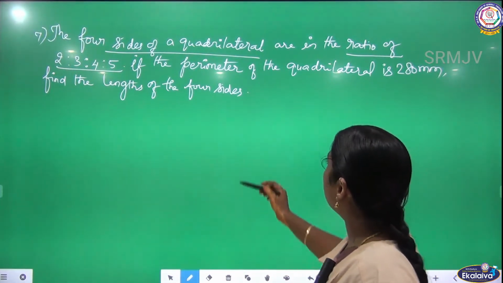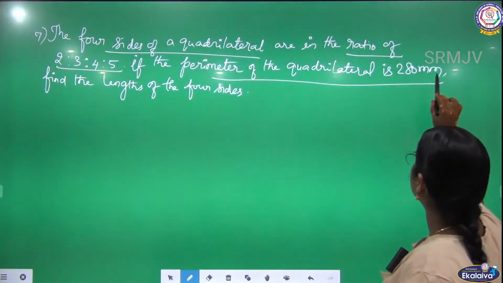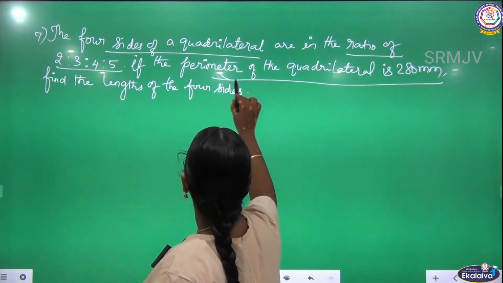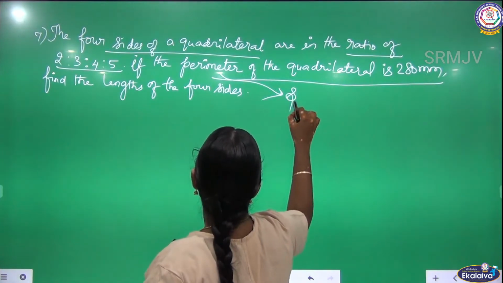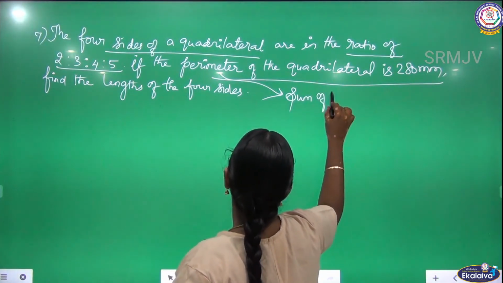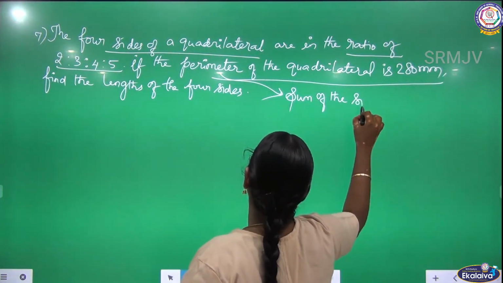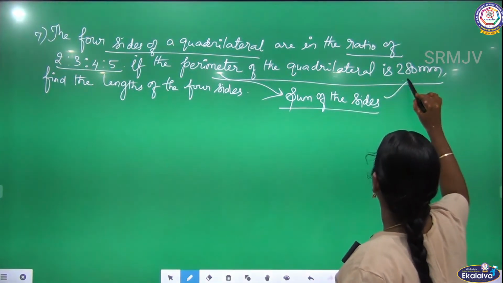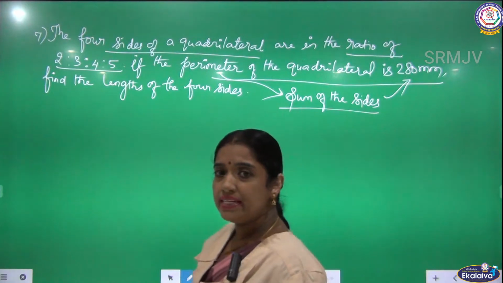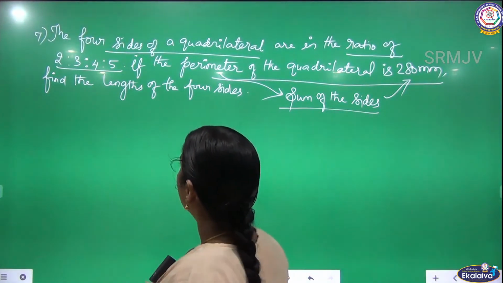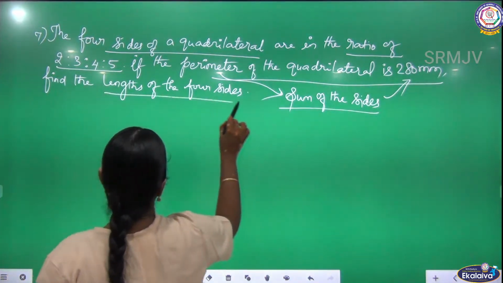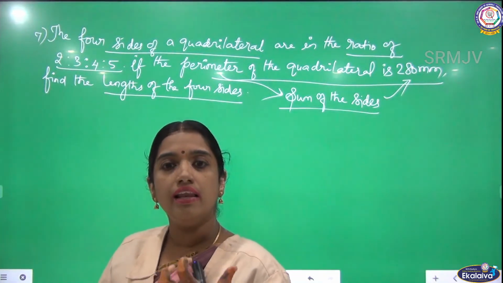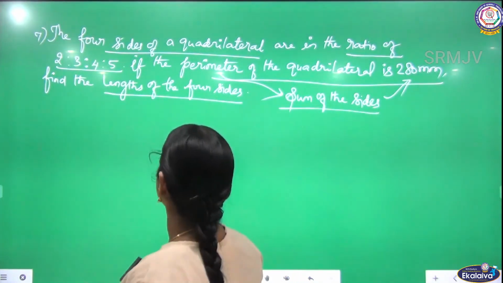If the perimeter of the quadrilateral is 280 millimeter, what is perimeter? Sum of the sides. They are given 280 millimeter. Now find the length of the 4 sides. Is it clear?